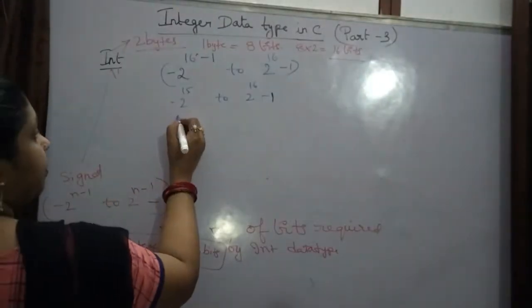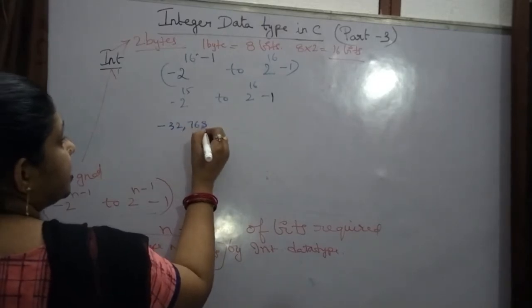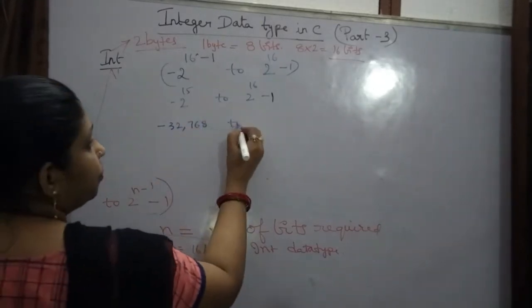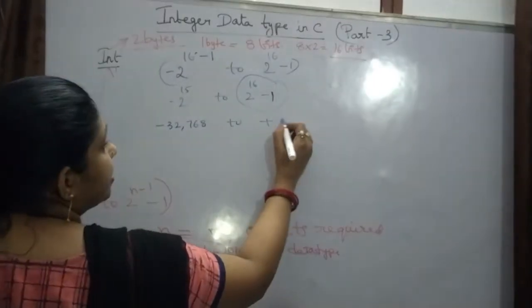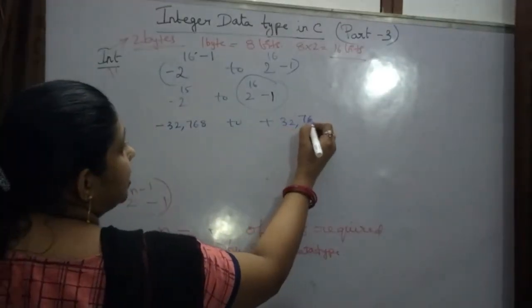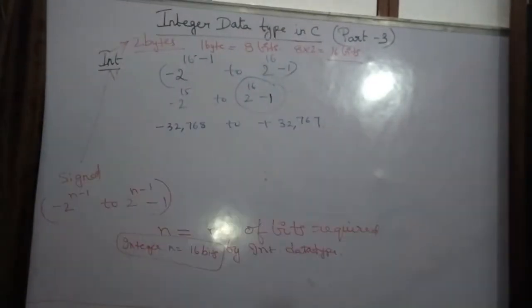This will come around minus 32,768 to plus 32,767. You calculate it and see.